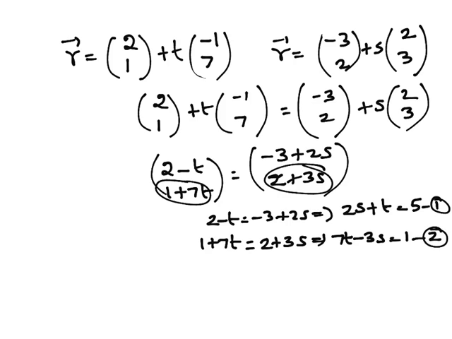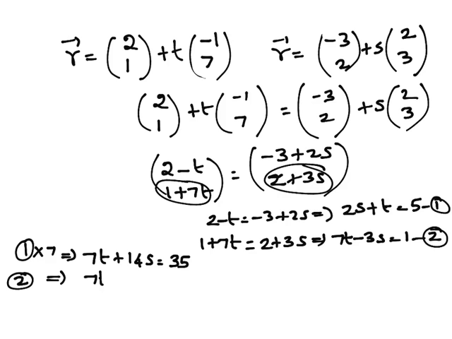Now what I'll do is multiply the first equation by 7. So the first equation times 7 gives you 7t + 14s = 35. I'll keep the second equation as it is, which is 7t - 3s = 1.